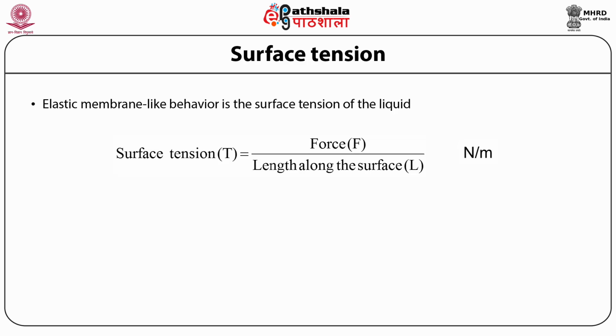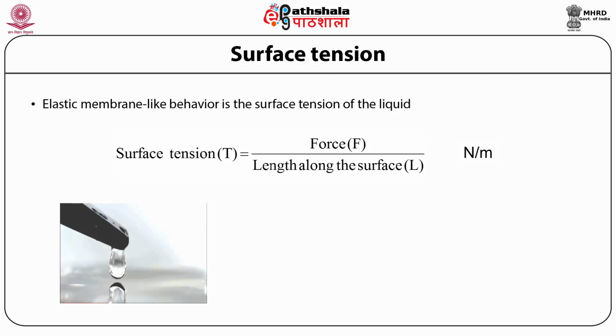The examples which you come across, which can nicely explain surface tension, are such as a water drop at the tip of an object or a rod which is just about to leave the tip.